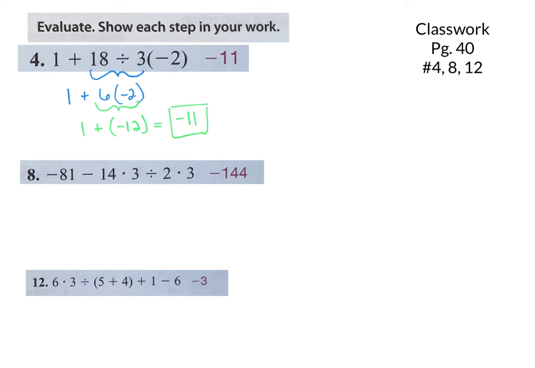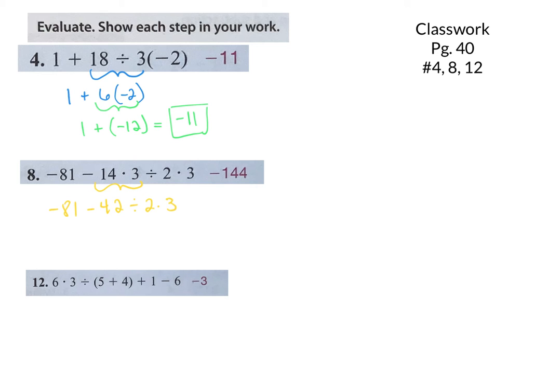All right, let's look at the next one. I have negative 81 minus 14 times 3 divided by 2 times 3. I'm going to do multiplication division from left to right. So I am going to multiply the negative 14 and the 3. What is negative 14 times 3? Negative 42 divided by 2 times 3.